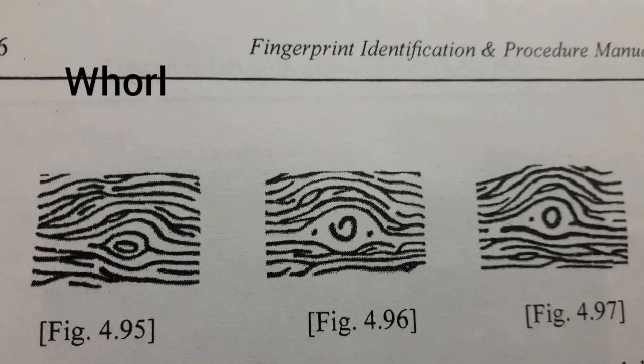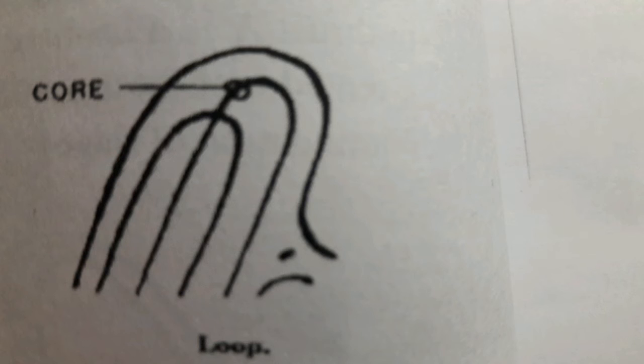Then there can be a radial loop. What is a radial loop? The friction ridges come from the thumb side, move some distance, and return back to the same direction from where they came, the thumb side. That is called a radial loop. Then what is an ulnar loop?